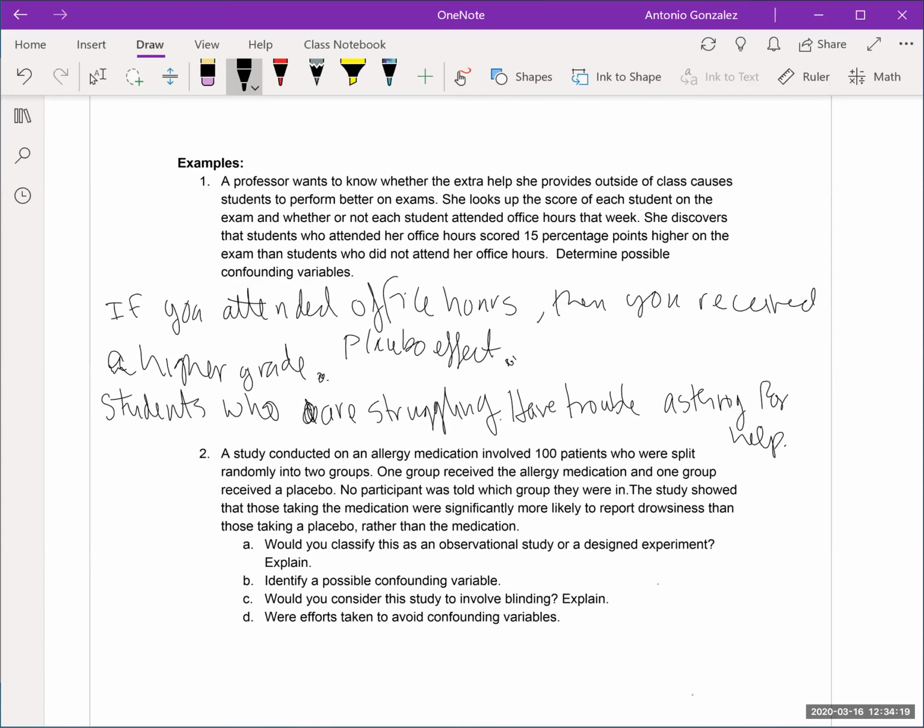Usually in my office hours, I come across students that have a little problem understanding one step here or there. For the most part, I'm just generalizing here. And in some cases, students that are really struggling have a hard time reaching out and trying to get some help. And that also, again, might be a confounding variable, something that we might want to take a look at.